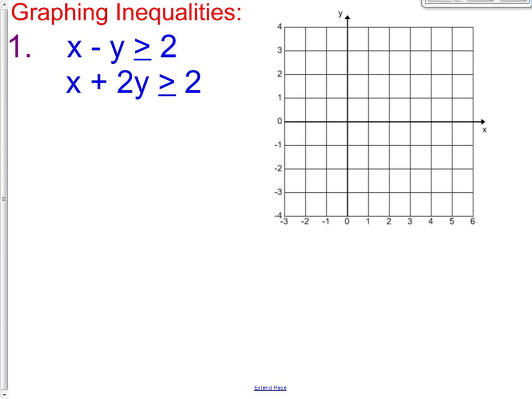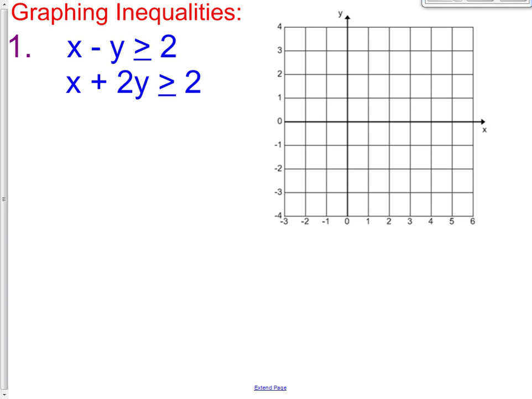So for this one, let's graph the inequalities. When we graph inequalities, we need to remember that when it's greater than or equal to, we shade above the line. When it's less than or equal to, we shade below the line. When it's greater than or less than, we use a dotted line. When it's greater than or equal to or less than or equal to, we use a solid line.